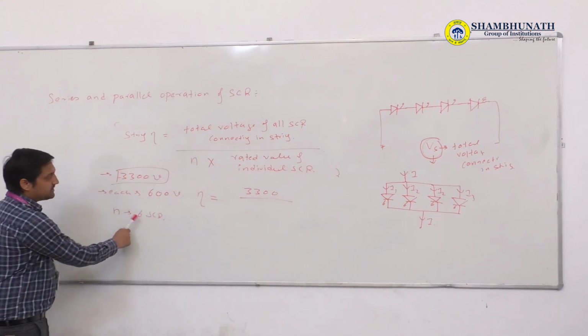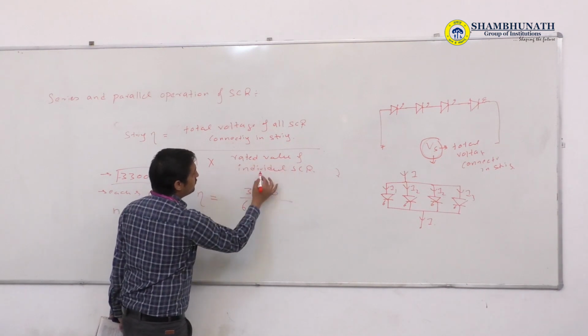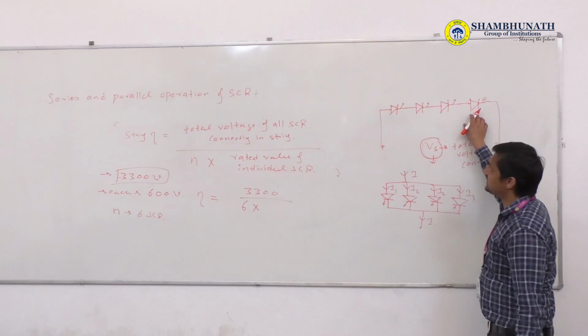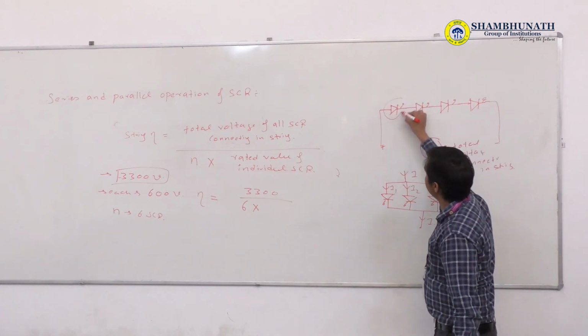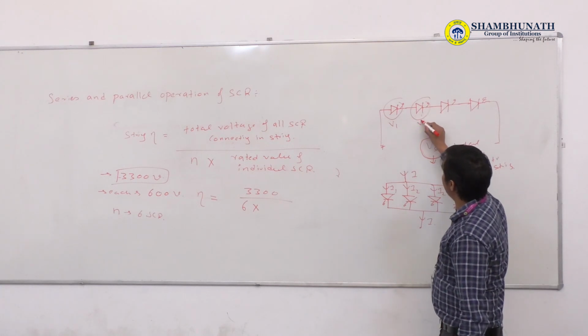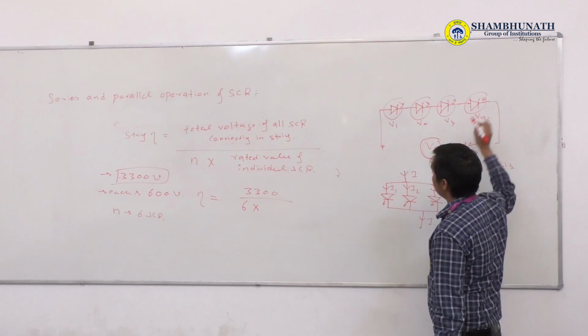Now the number of thyristors is 6 and the rated value of an individual SCR is 600 volt. Suppose one SCR has a rated breakdown voltage of V1, another has V2, similarly V3 and V4.